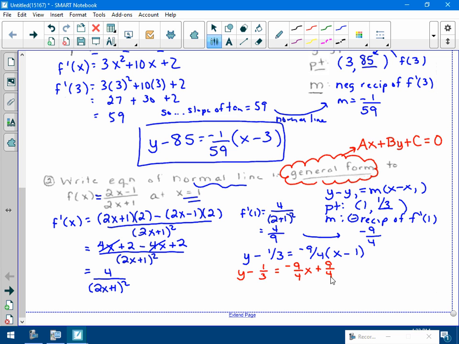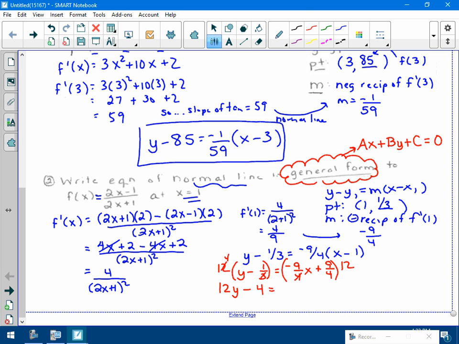What's your LCD? Well, I've got a 3 and a 4, so my LCD is 12. If I multiply everything by 12, it's going to get rid of all these fractions. Kind of a math trick. So I've got 12y minus 12 times 1/3 is 4, because they cancel, equals, on this side, negative 9/4 x times 12.